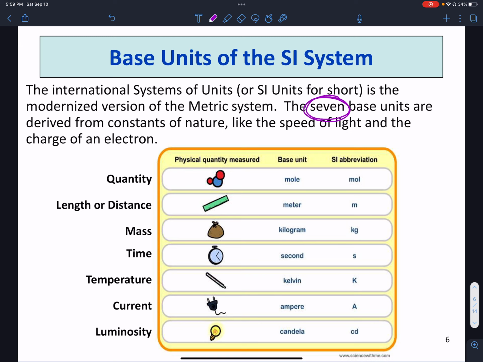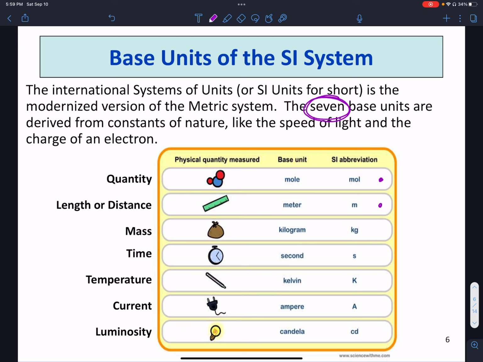All right, if you look at your note sheet, you're going to see the same table there, so make sure you fill those in. The physical quantity measured, the base unit, and then the SI abbreviation for that unit is shown. So if you want to look at the quantity of something, we call that the mole, and we abbreviate that mol. If you want to look at length or distance, that's the meter, which is a lowercase m.